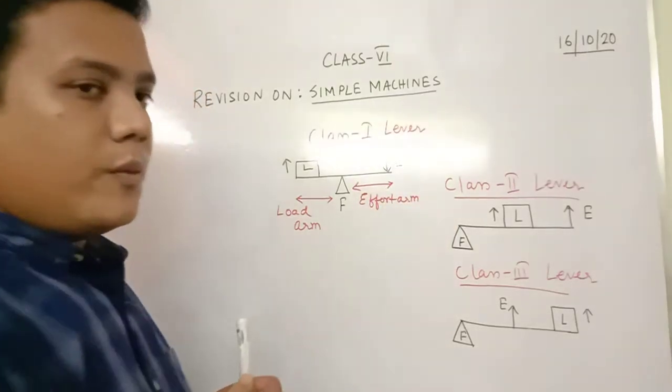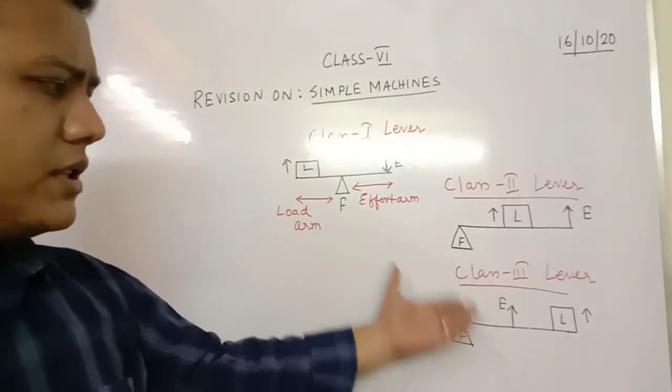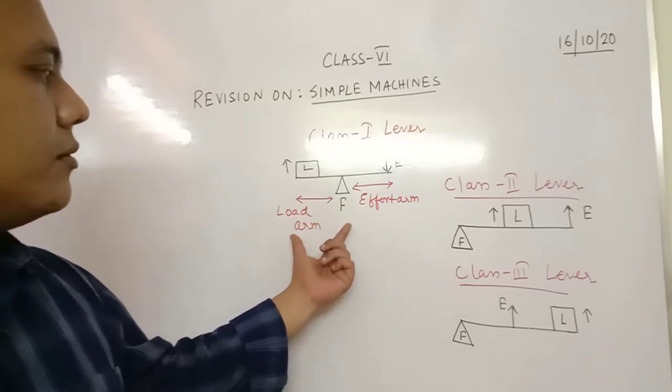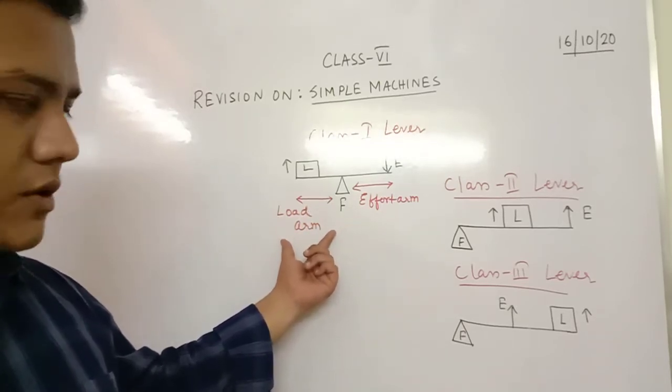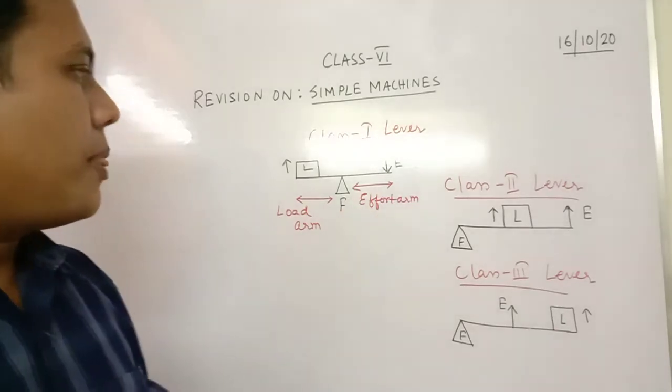That means whatever force we are applying on any of these levers, the distance between the fulcrum and the load is called the load arm, and the distance between the fulcrum and the effort is called the effort arm.